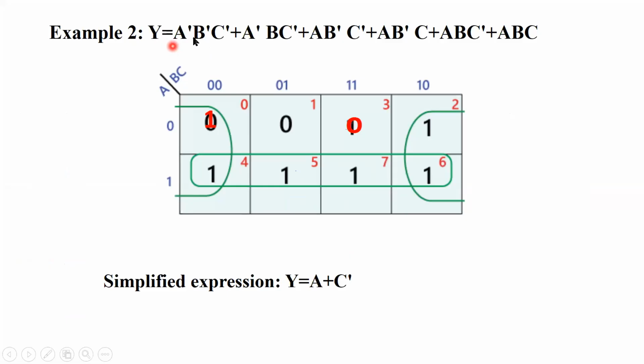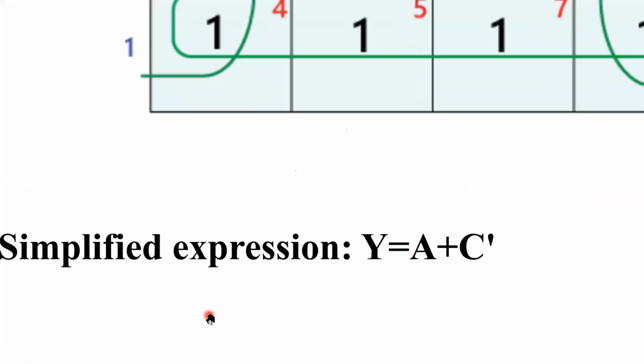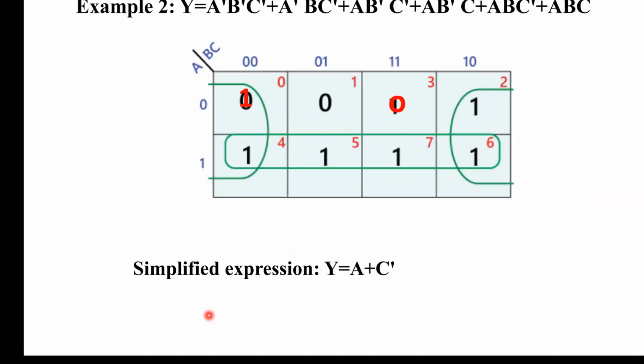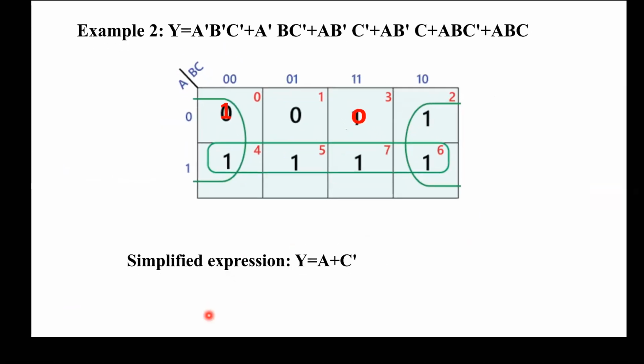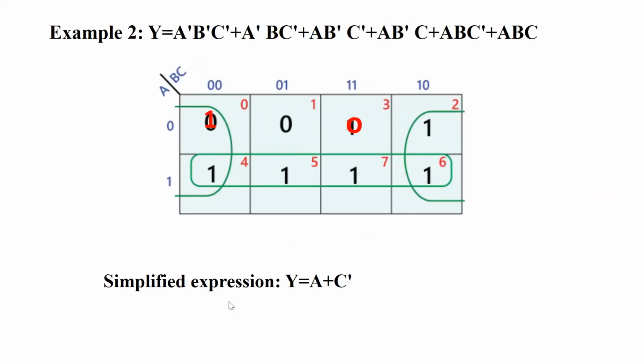Y is A dash B dash C dash plus A dash B C dash. Only write this example first. Write the complement.